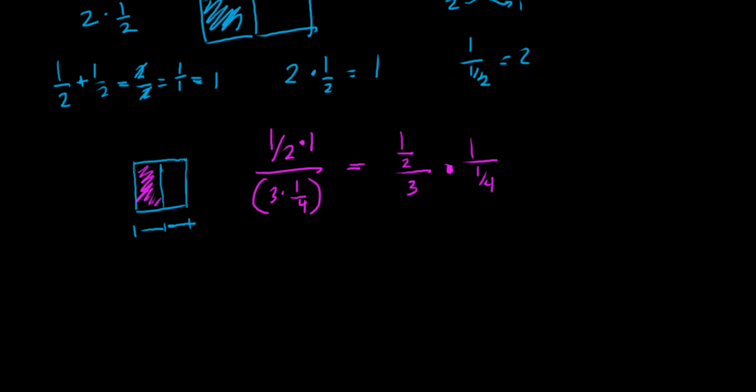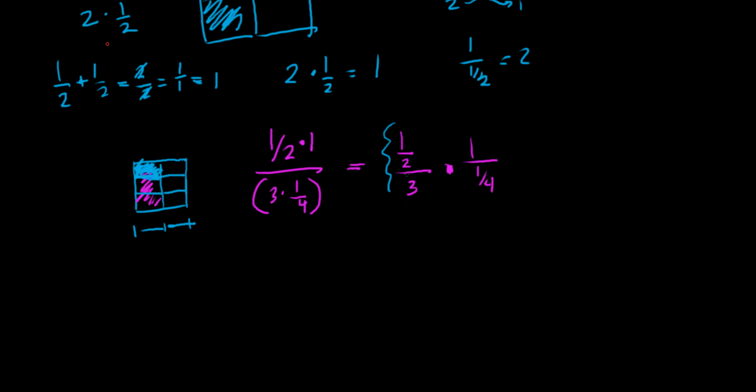We have 1/2. We're going to divide it into thirds. And when we do that, by the way, we need to divide all the way across. So we end up with, if we had one of those, it'd be a 1/6. So 1/6 is what you get when you do this part.